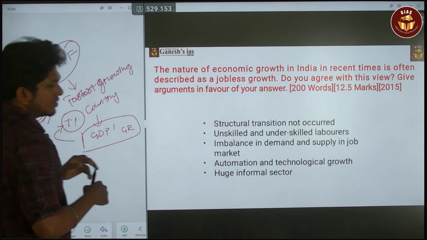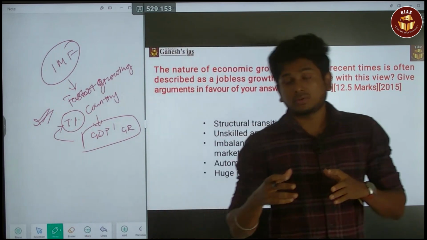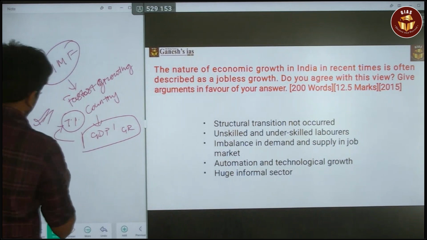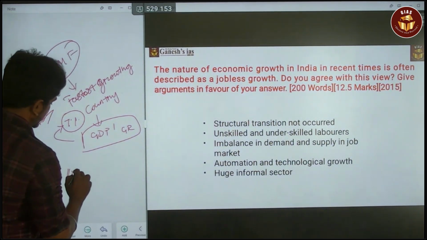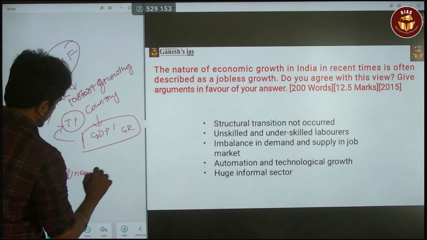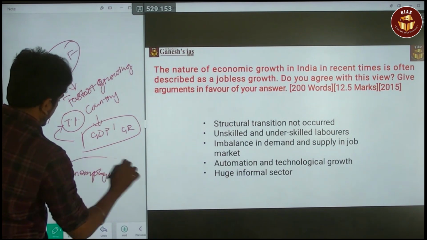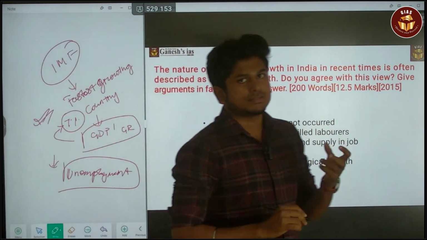So the IMF tagged India as the fastest growing country. But the issue is that India has the largest population that is unemployed. So India has a huge unemployment crisis.